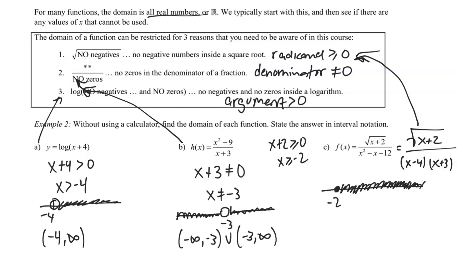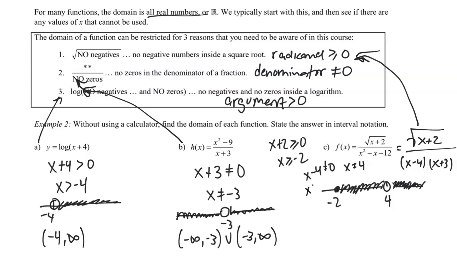Now, that does not take care of our denominator. In the denominator, we have that x minus 4 cannot equal 0, which means that x cannot equal 4. So we're going to take our eraser now and erase right around where positive 4 would be, and that's going to be not included. And we're also going to have to set this second factor, this x plus 3, equal to 0 as well to see what that restriction is.